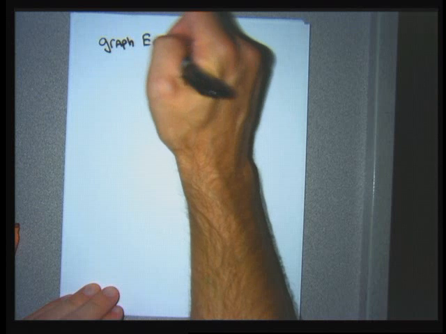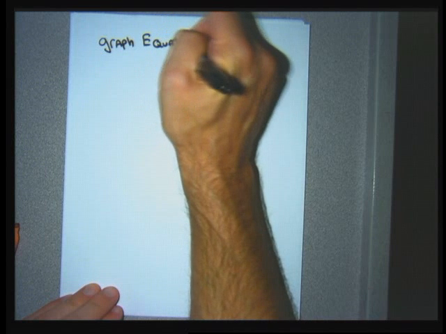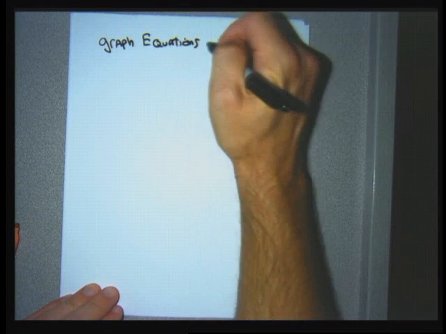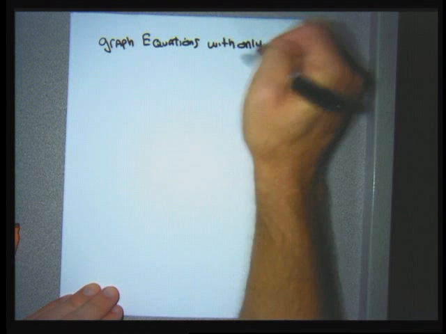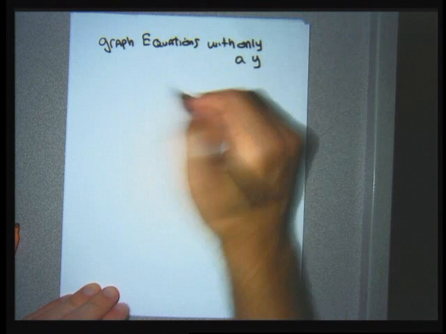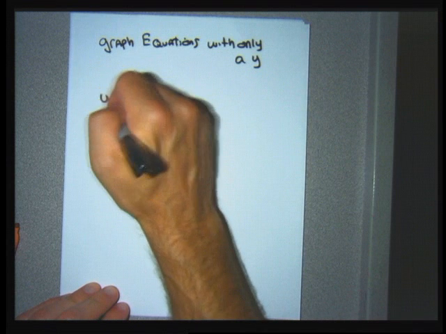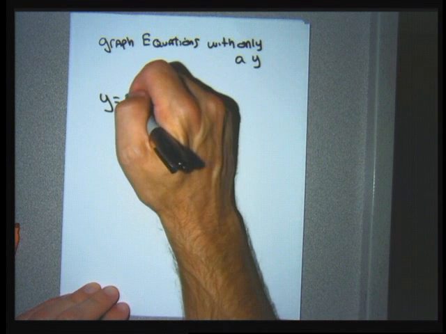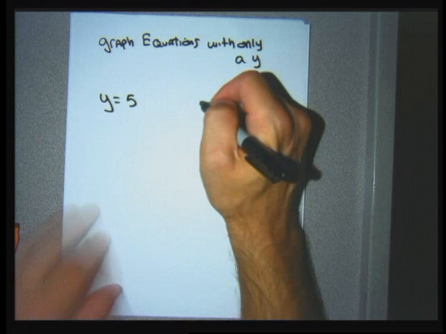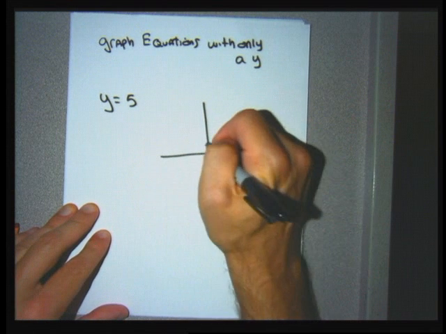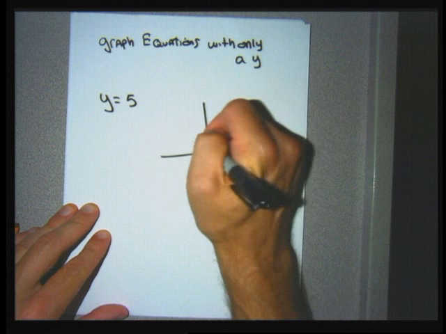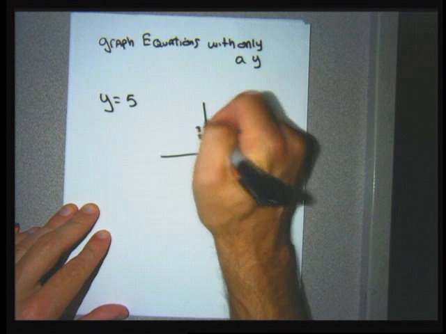I'll worry about the less than and greater than signs in a little bit. So if I wanted to graph something like y equal to 5, I would just find 5 on the y-axis and draw a horizontal line, a line parallel to the x-axis.